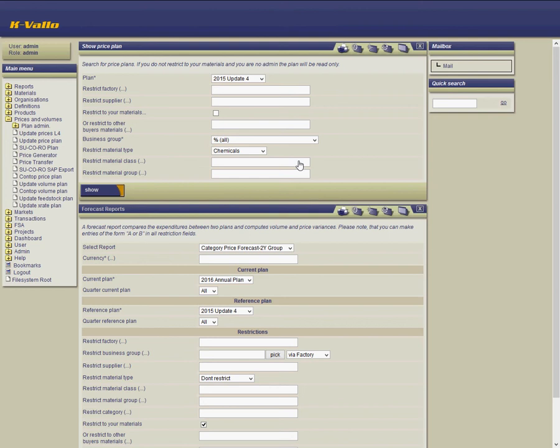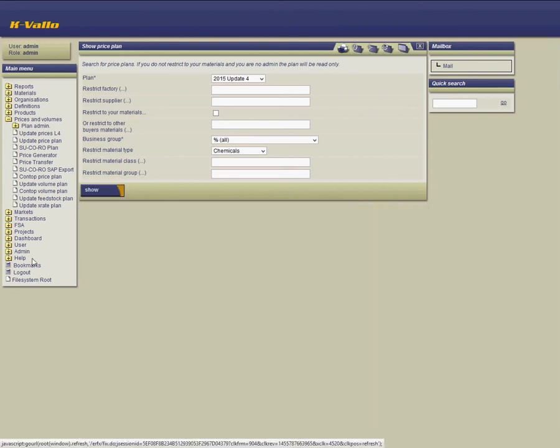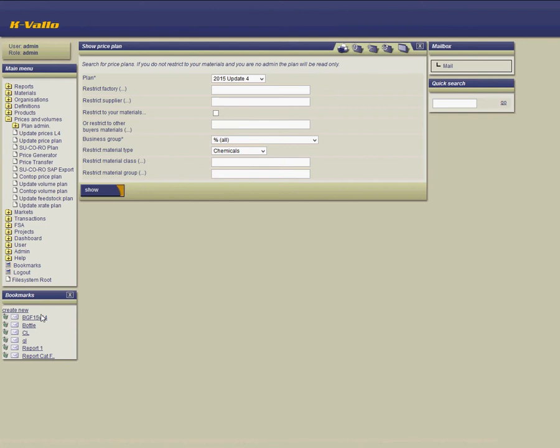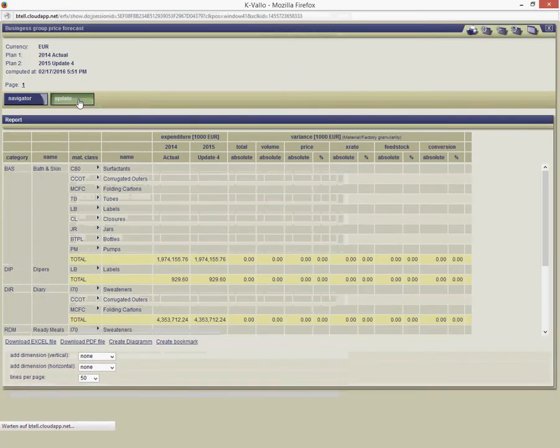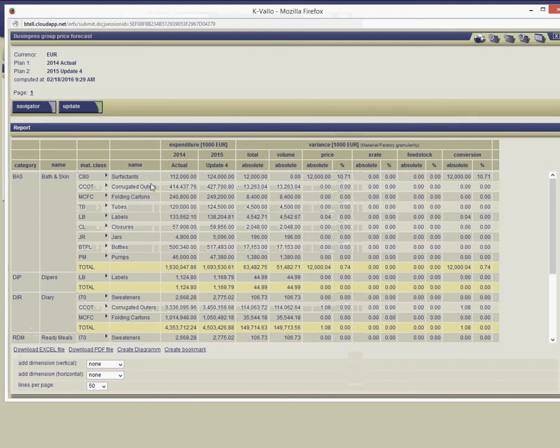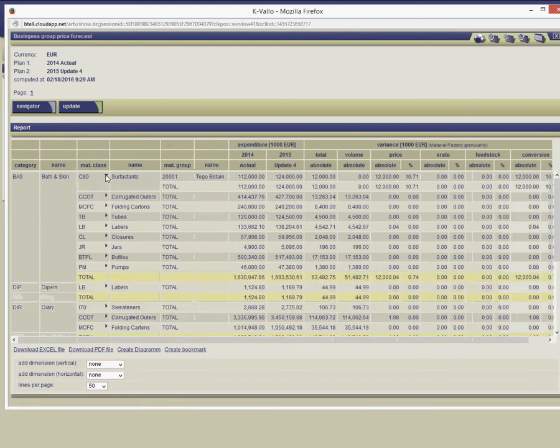So we've increased the price of tegobetain, and let's have a look at what it does to our variance analysis, to our business plan. So we make an update, and what we can see here is that where tegobetain is used, the price increases, and we have a price effect.